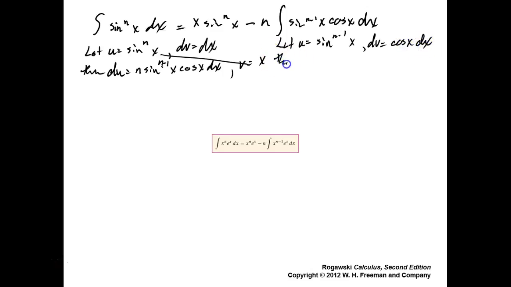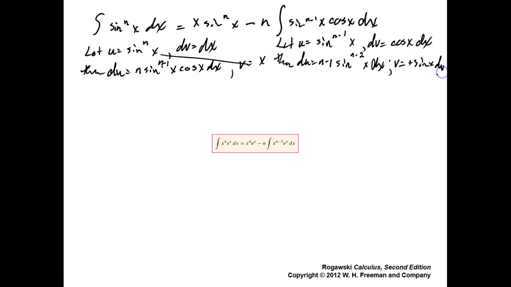Okay, then du is equal to n minus 1 times sine of n minus 2 x dx, and your v would be equal to positive sine x.